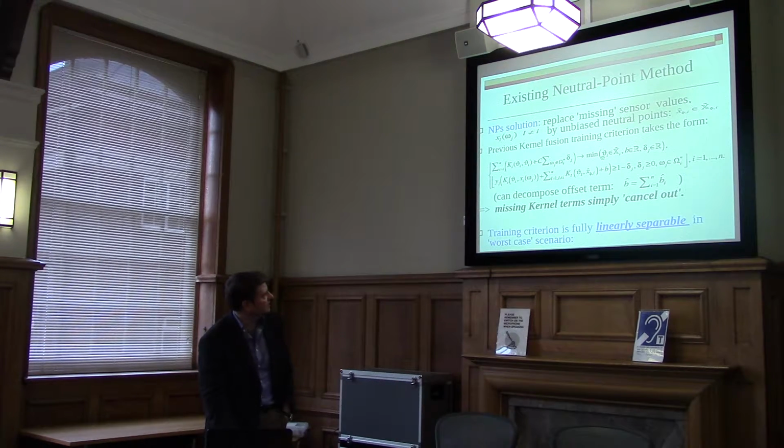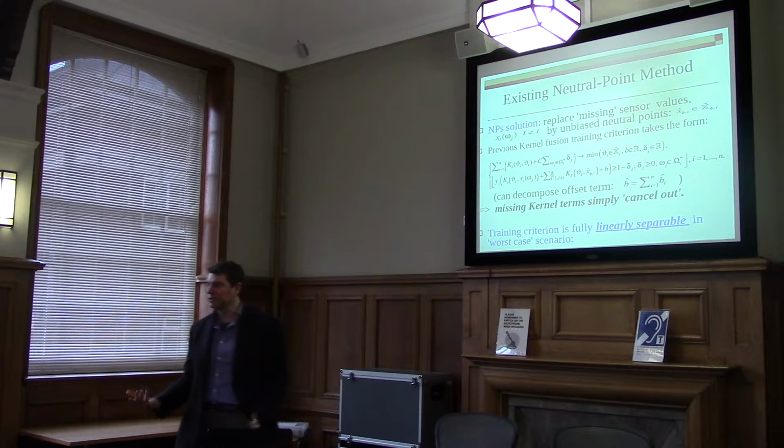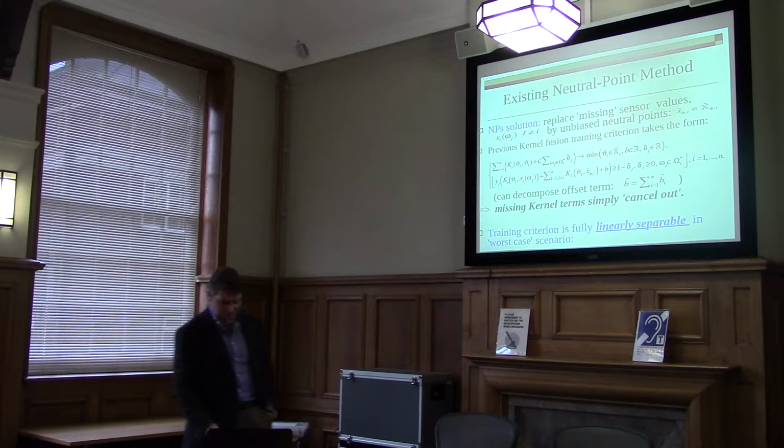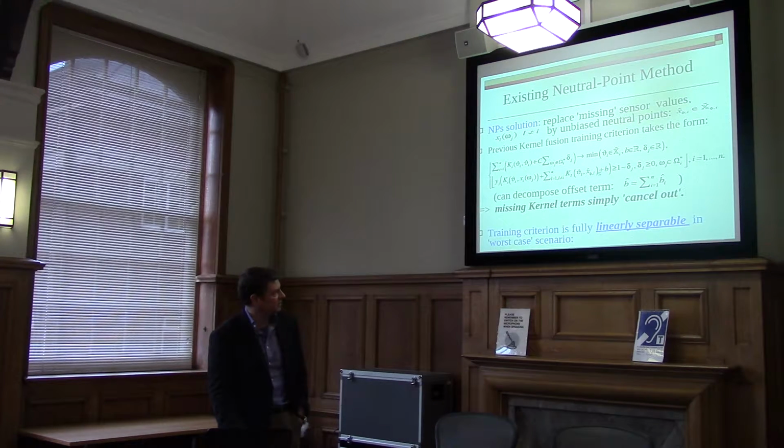So basically, if we take the previous training criterion, where we separated out the inter and intramodal components, and now we substitute in the missing values, the values that didn't exist before, then we get these terms here.